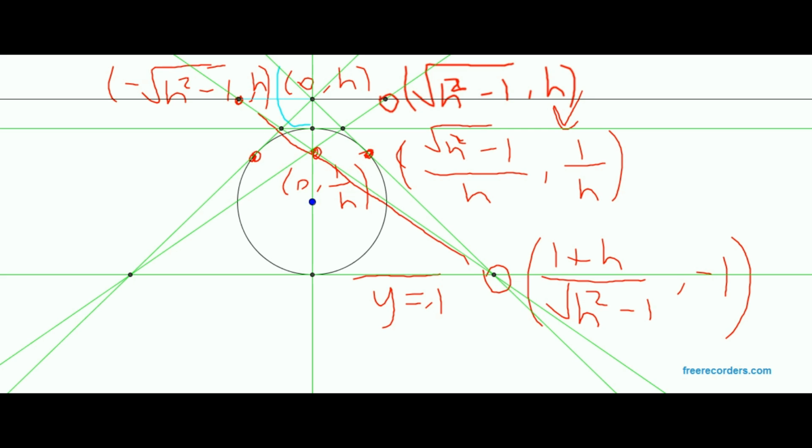Now then, remember before that when we were using the Cartesian algebra, we worked out that x is equal to the square root of 1 minus h squared.